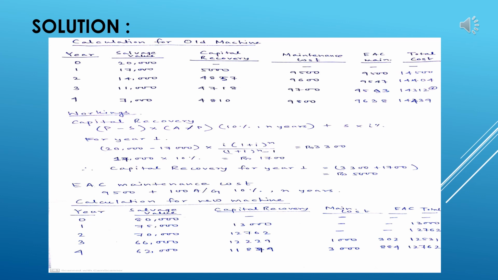For second year it is plus 100, for third year it is 100 plus 100, and for fourth year 100 is repeating 3 times. So practically we can say the change or the gradient part to be 100.